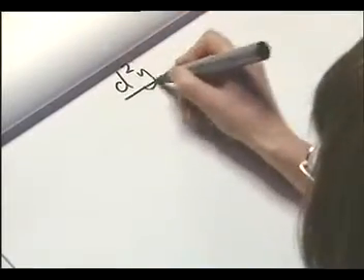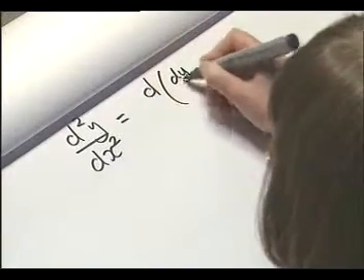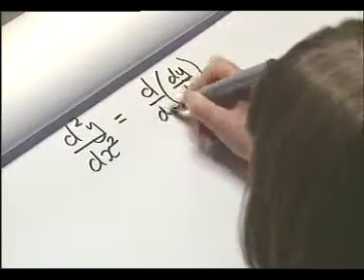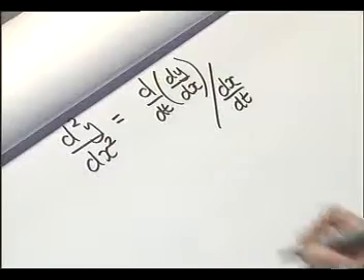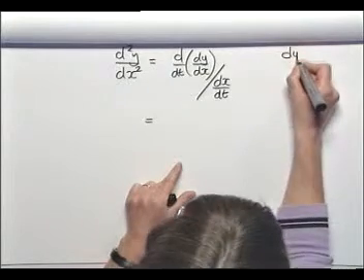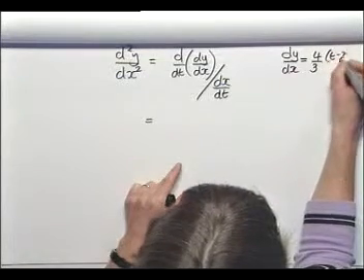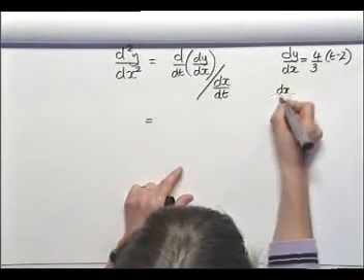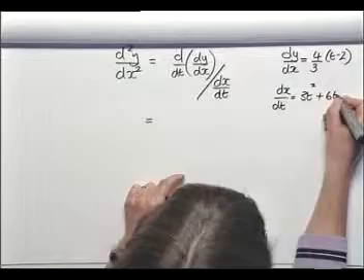Now, differentiating a second time, d2y by dx squared is the differential of dy by dx with respect to t divided by dx by dt. Recapping from before, dy by dx was 4/3 of t minus 2, and our dx by dt was 3t squared plus 6t.